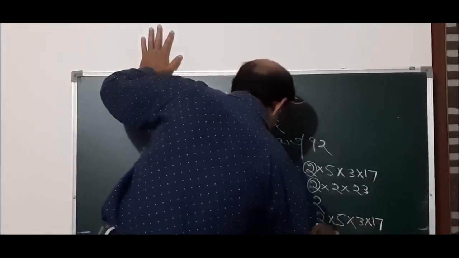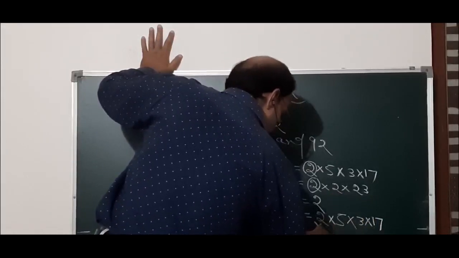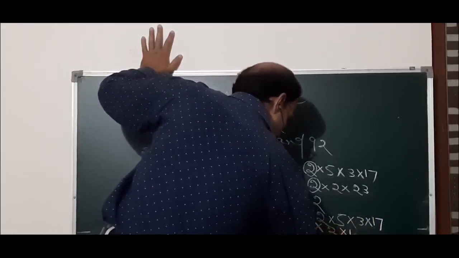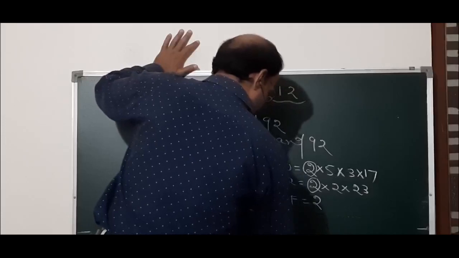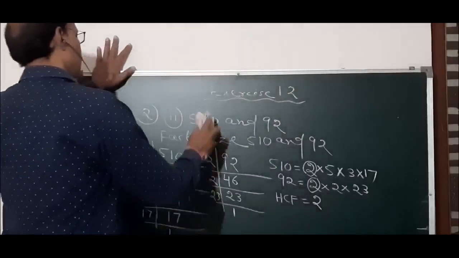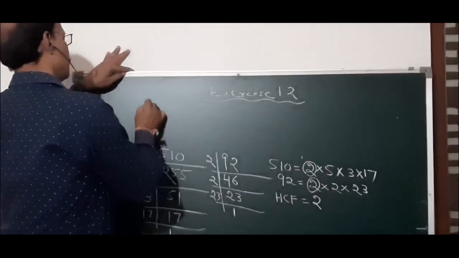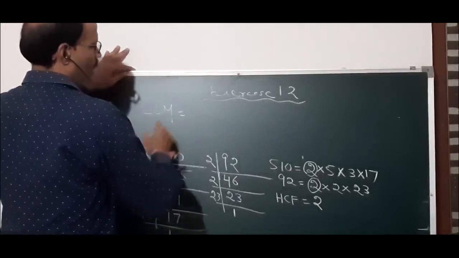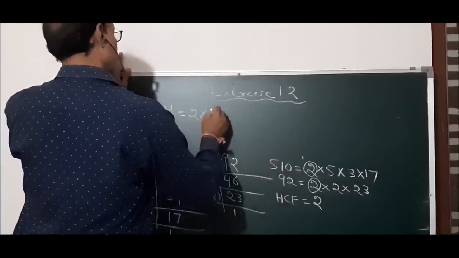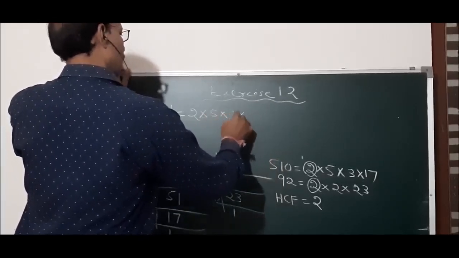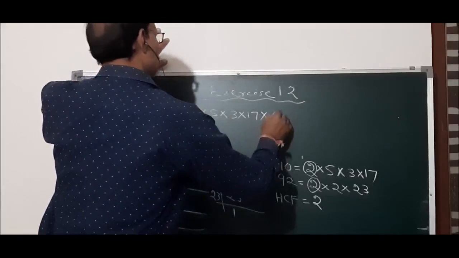So LCM equals the common number 2 multiply the rest of the numbers in 510, that is 5 multiply 3 multiply 17. Then the rest of the numbers in 92, that is 2 multiply 23.